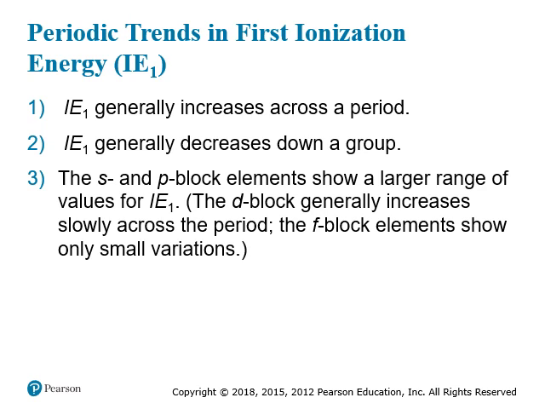In other words, it is easier to remove an electron from an atom of sodium than to remove an electron from an atom of magnesium. The ionization energy typically decreases as we go down a group. It is easier to remove an electron from an atom of potassium than it is from an atom of sodium.